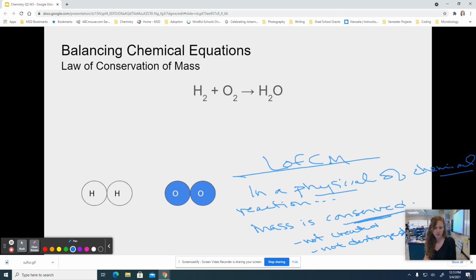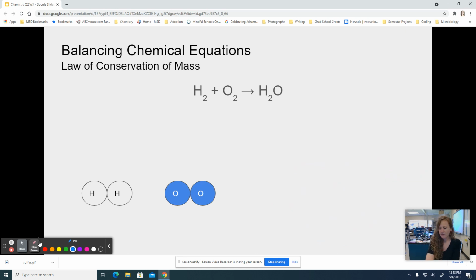And you can see what I'm talking about here with my little example on the board. You can see that I have a reaction here. H2 plus O2 goes to H2O. Now, notice that I have two H's, right?